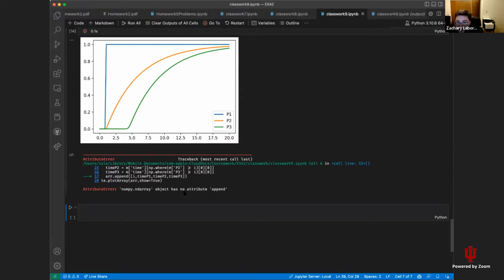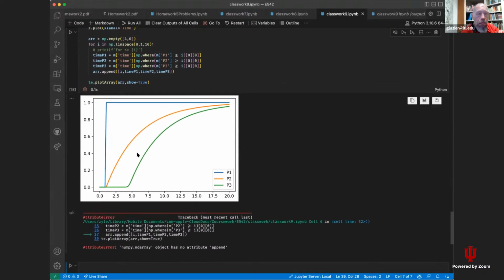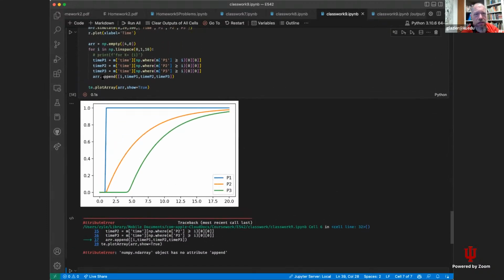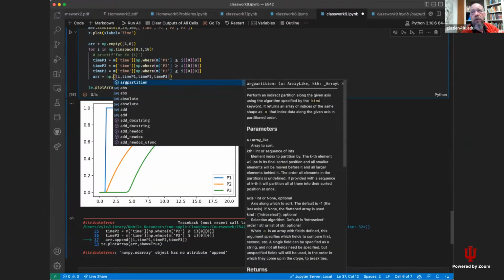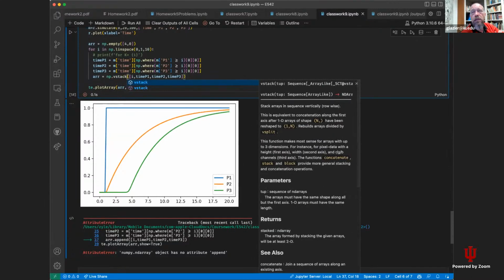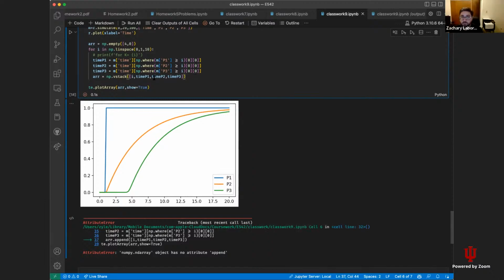ND object has no... Okay, so you'll have to do a VStack. So it'd be array equals, instead of append, array equals numpy.vstack, parenthesis, then array comma and then that.